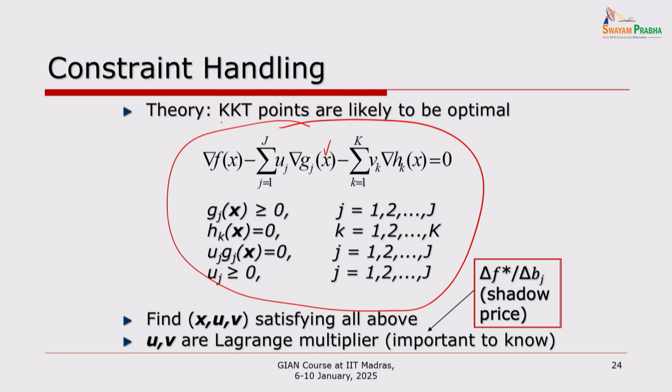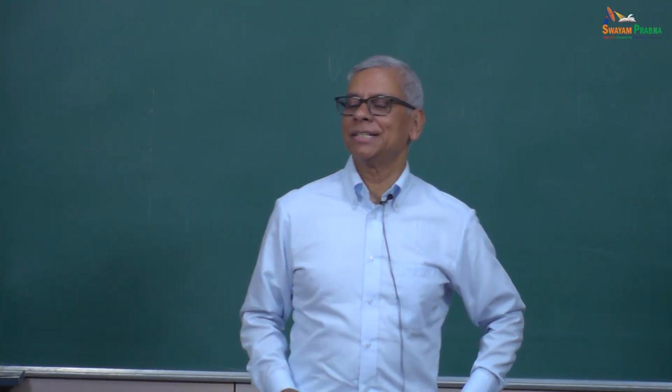KKT comes from the three authors, Karush, Kuhn and Tucker. These are the three people who came up with this theory. So if your solution x satisfies all of these conditions along with the constraint qualification conditions, it's called a KKT point. That doesn't mean it's an optimum, but an optimum has to be a KKT point. So it's a necessary condition for an optimum to satisfy these conditions.